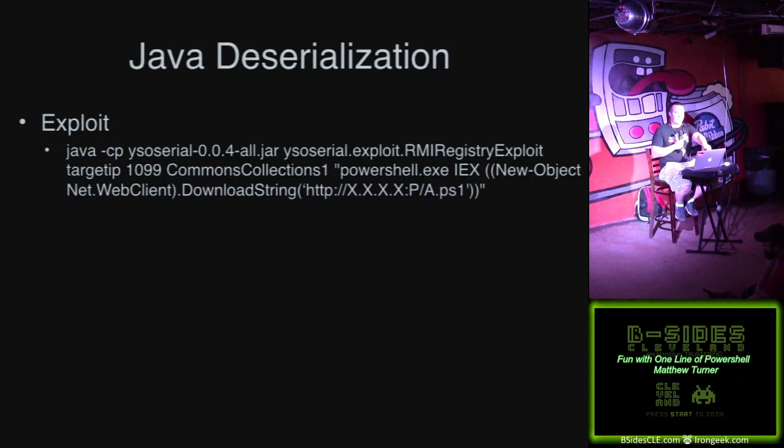There's the class path, the WhySoSerial exploit, RMI registry exploit. There are other exploits when you download his GitHub. However, they don't all work. As far as I'm aware, only RMI registry exploit works because it's actually compiled into that jar. The rest you would need to recompile, and they seem to be more for web apps anyway, which is also worth looking into. I just haven't gotten there yet.